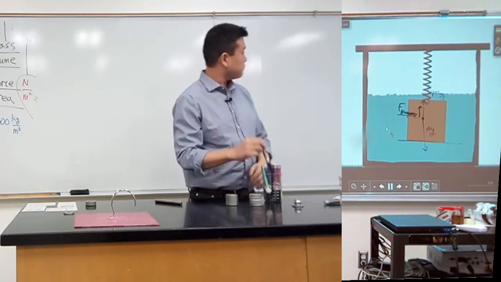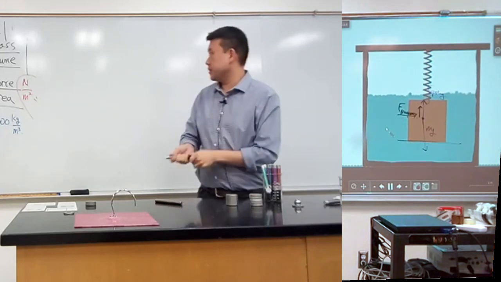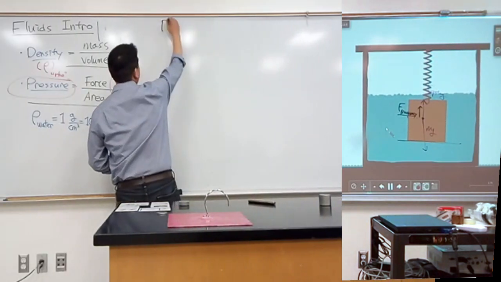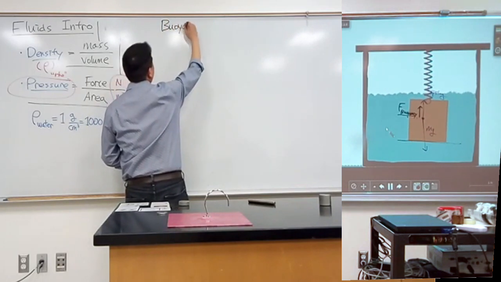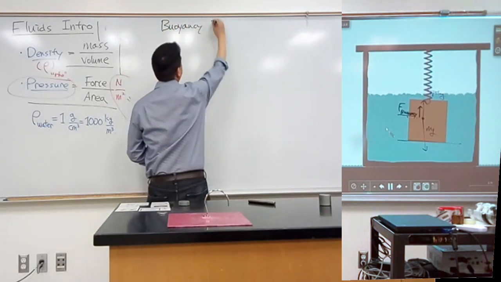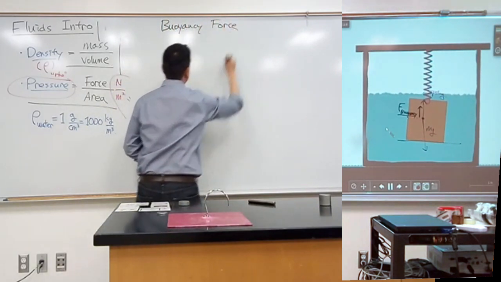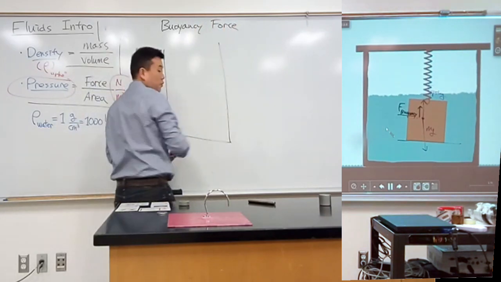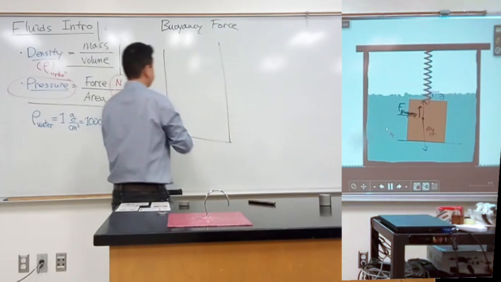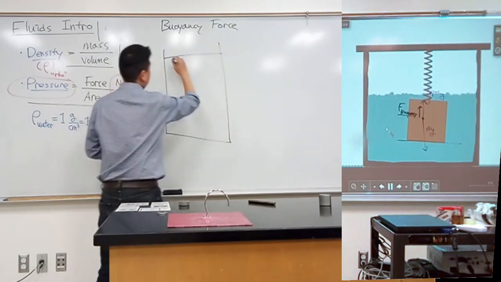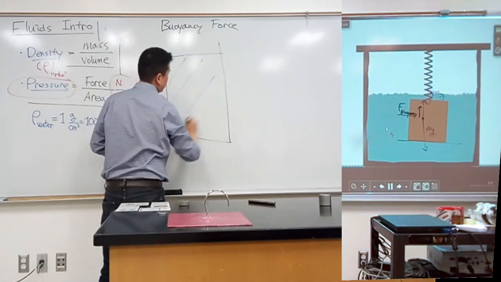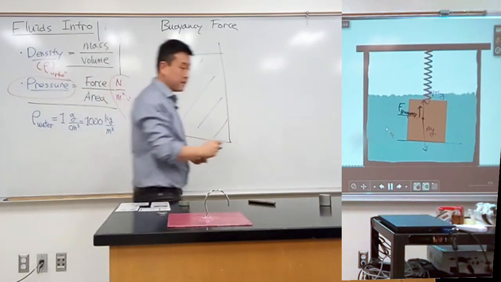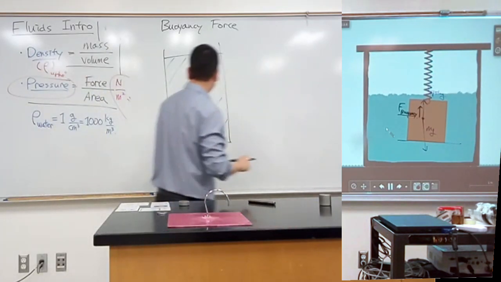So it's that picture. Well, no, I should draw a new picture here. So it's this picture that I want you to look at. To derive the formula for the buoyancy force, we are imagining a container containing liquid. And within this fluid, I said liquid, but it could be gas, within this fluid is an object.